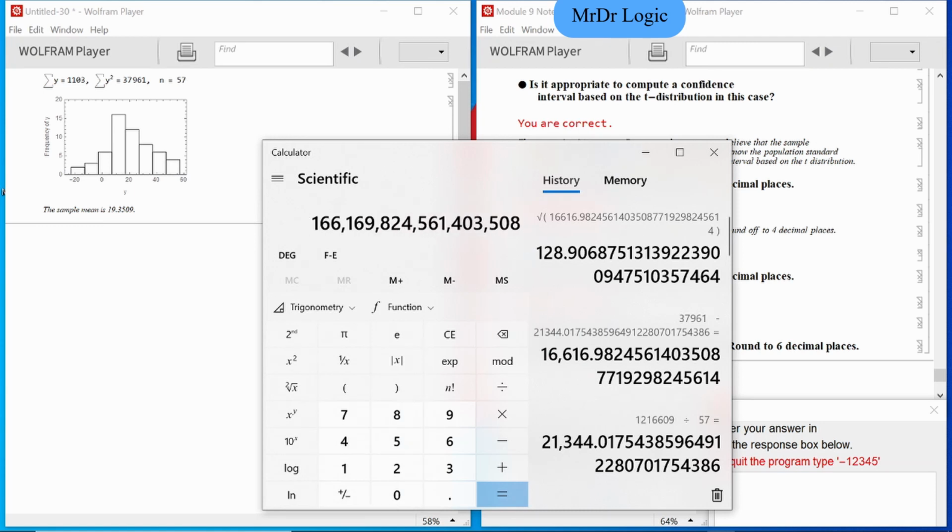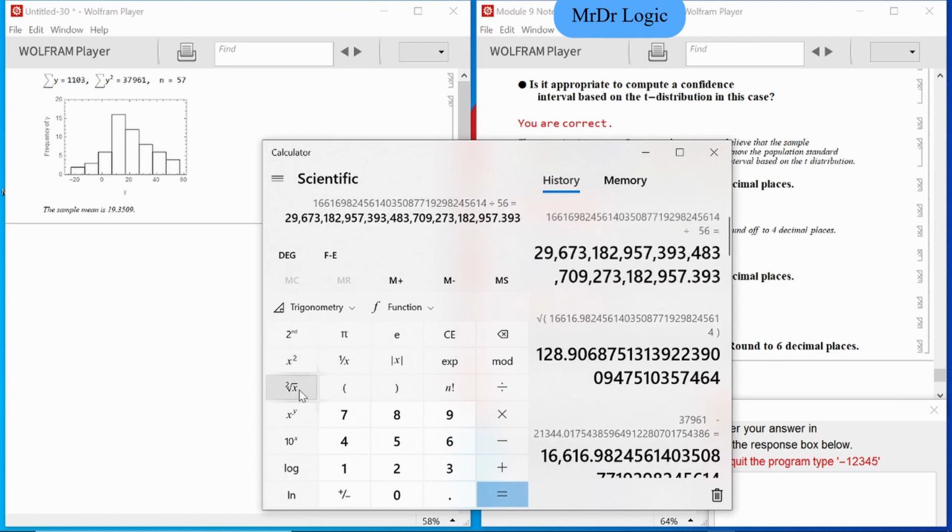We gotta divide it now by 56, which is n minus 1, and then we can square root it. Oh, I missed a decimal point. Okay, I'm not gonna type that again, but you get the idea.